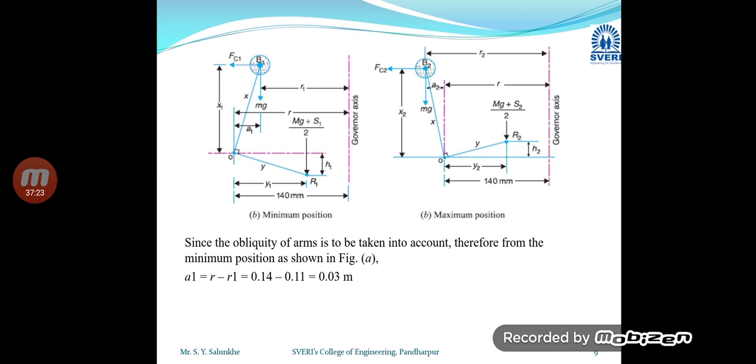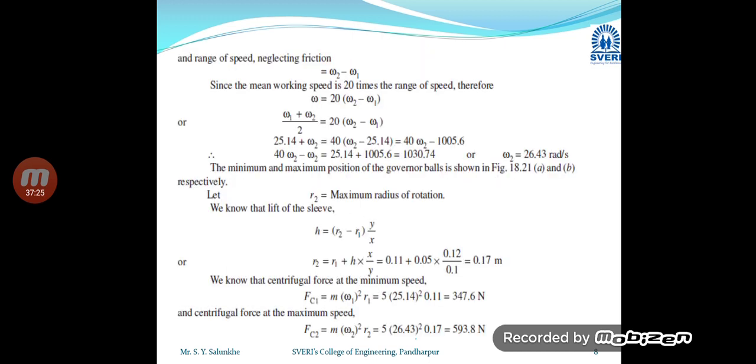So let's move to the previous slide. Here r1 is the minimum radius of rotation and r2 is the maximum radius of rotation. We know that the total h is given as (r2 minus r1) multiplied by y divided by x. This formula we derived in the case of the Hartnell governor.